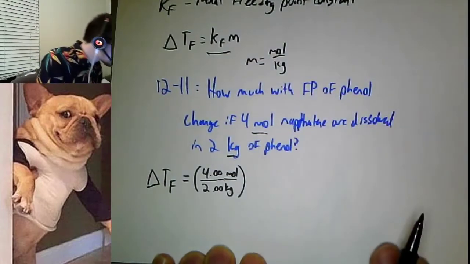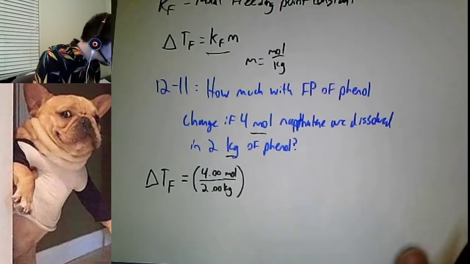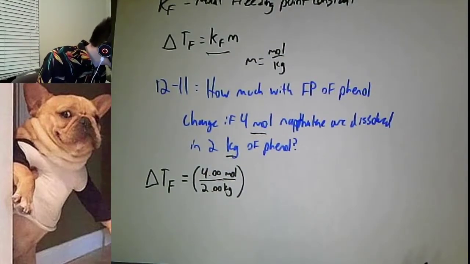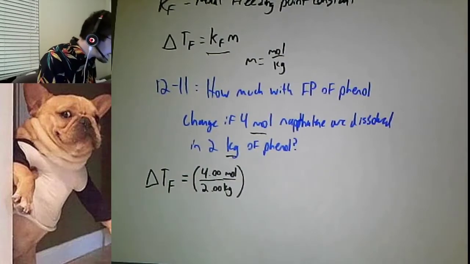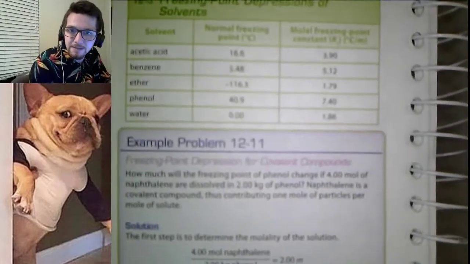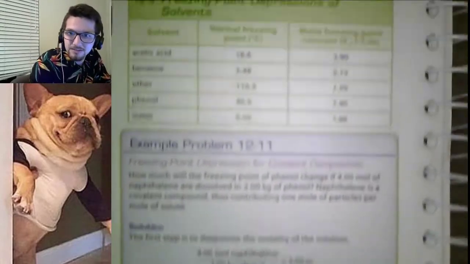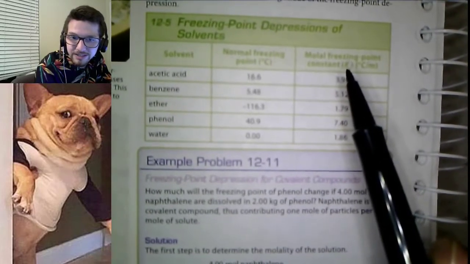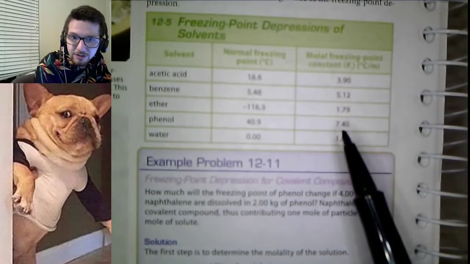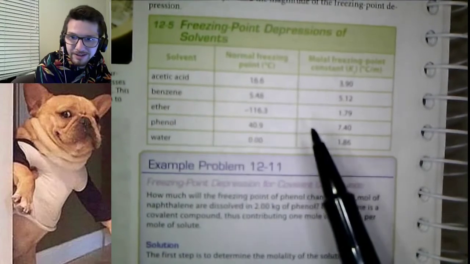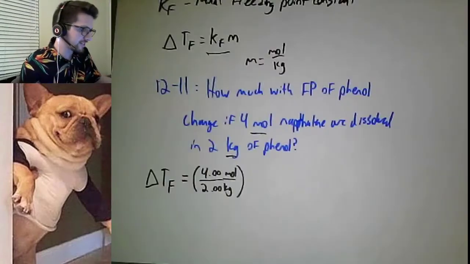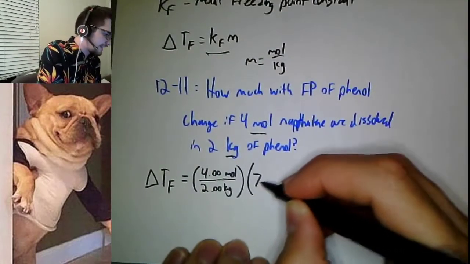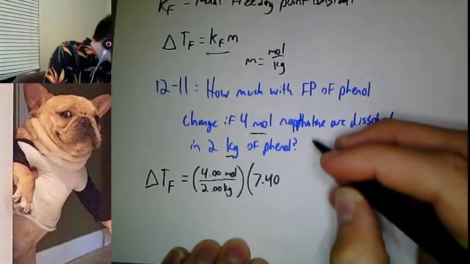So where are we going to get our constant? It looks like they give it to us in a handy dandy table. So it says, what is the molal freezing point constant for phenol? 7.40. How convenient is that, guys? Wow.